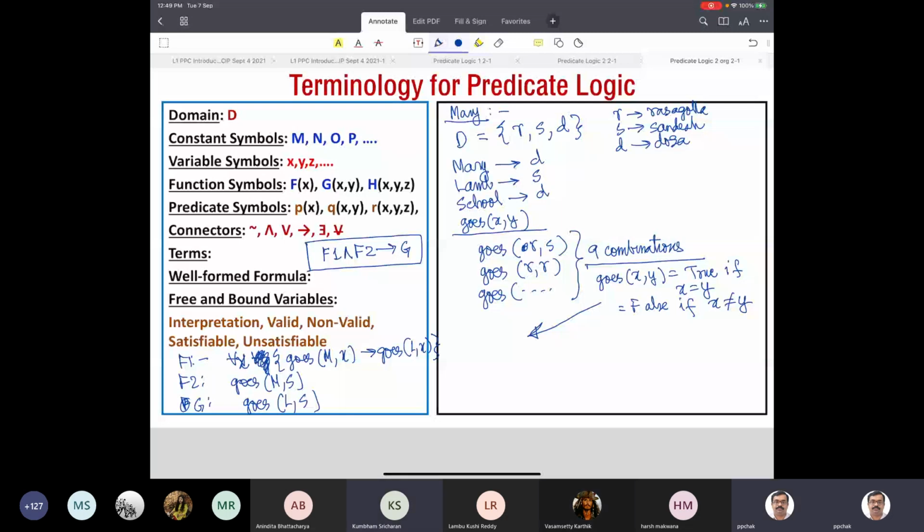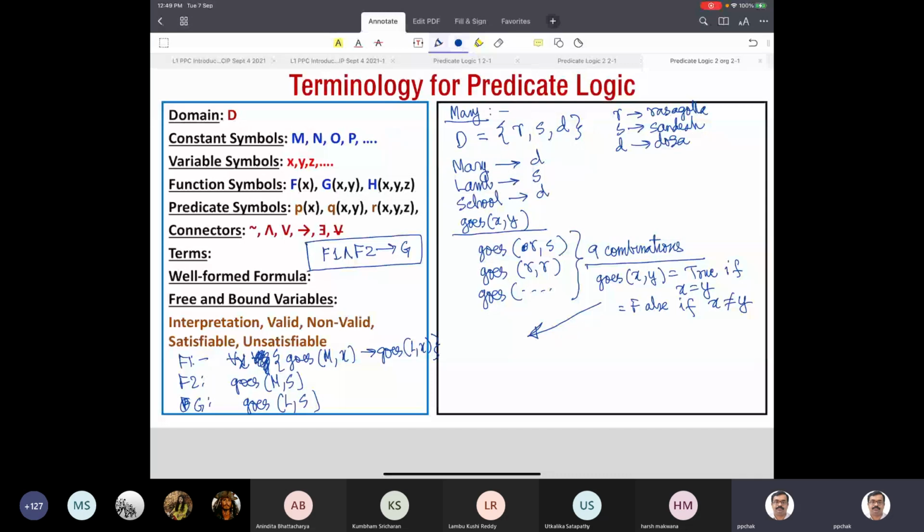True. F1 is false. True. F1 is true or false? True. For F1 to be true, then what must be true? If F1 is true, then what will be true?